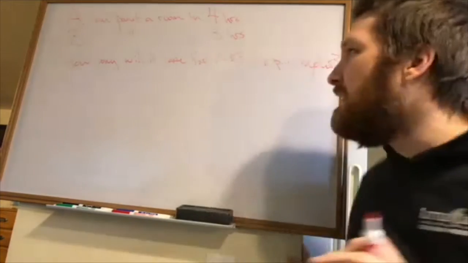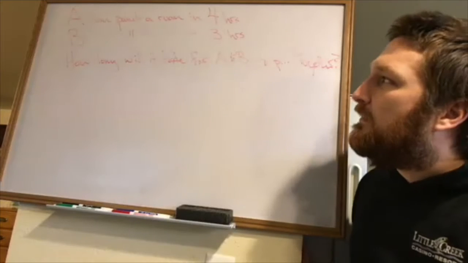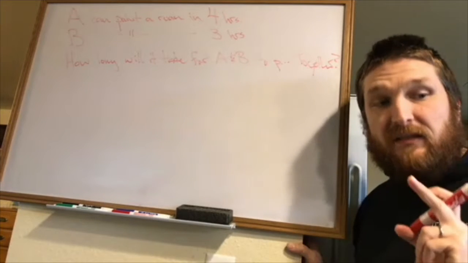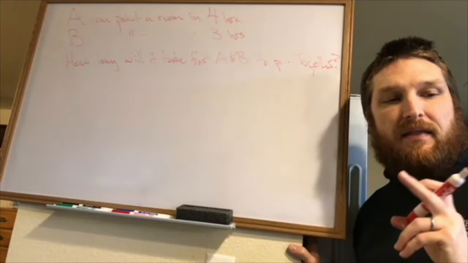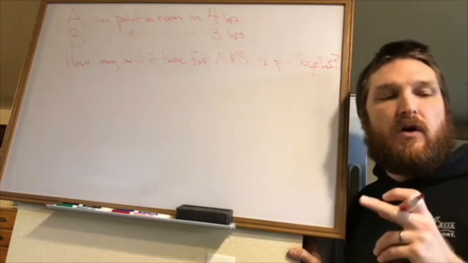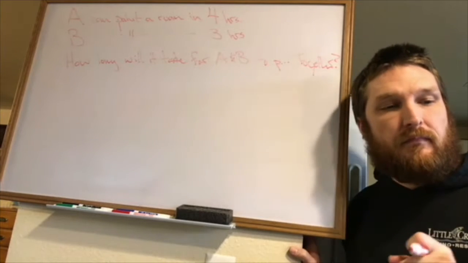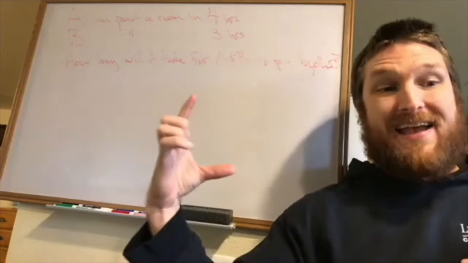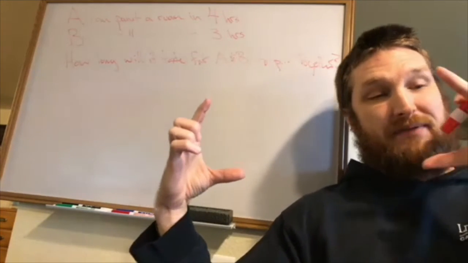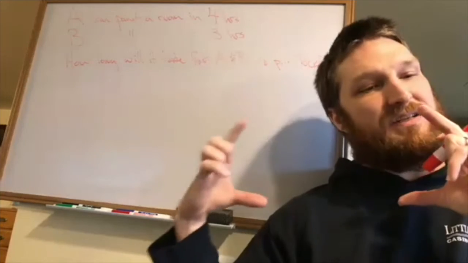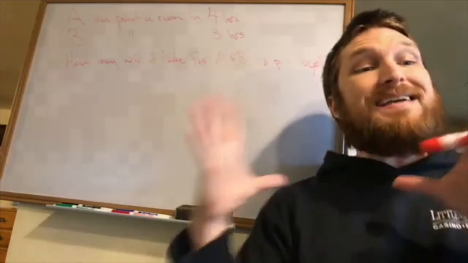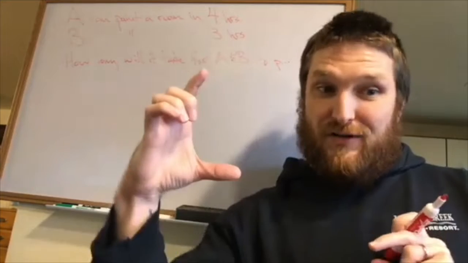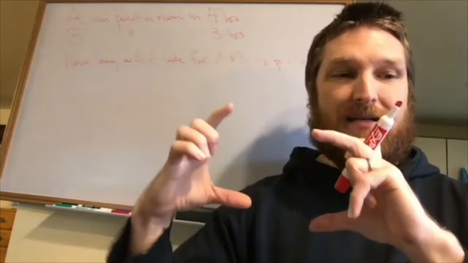That is the question. Now, what we're going to do is use a nifty little fact here. And that is that rates are additive. That is, if Alice does something at a certain rate and Bob does something at a different rate, if they work together, the rate that they do it together will be the first rate plus the second rate.